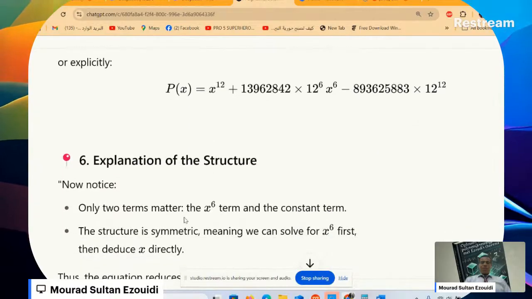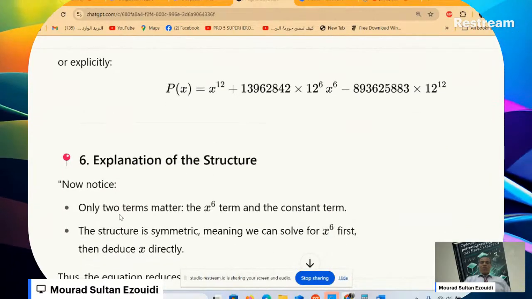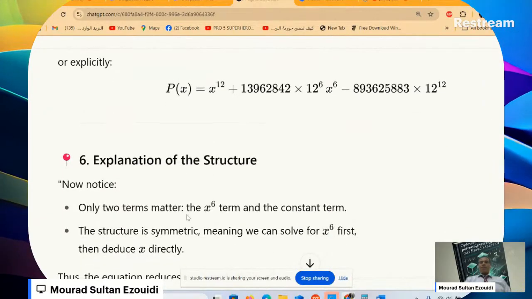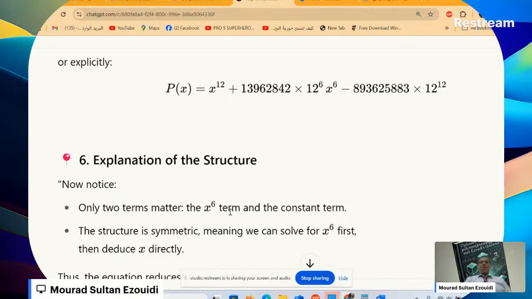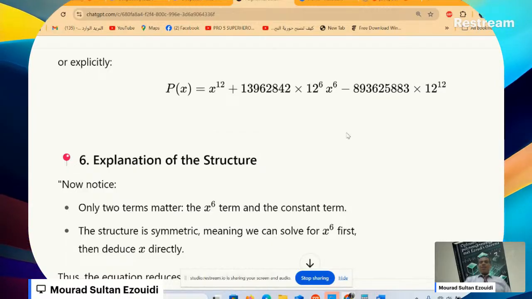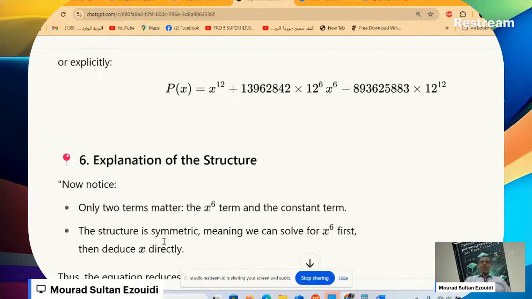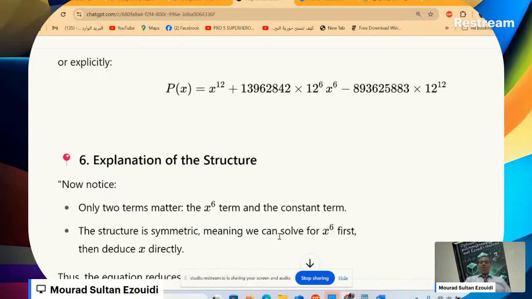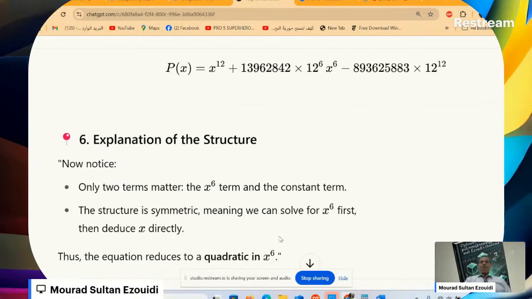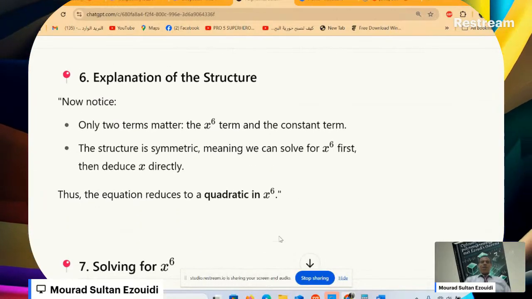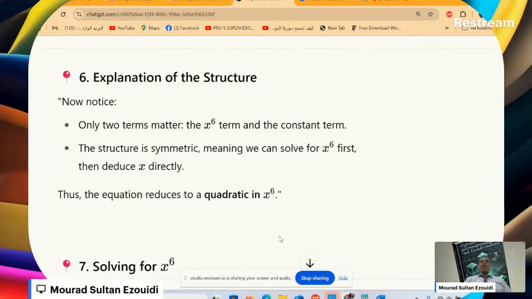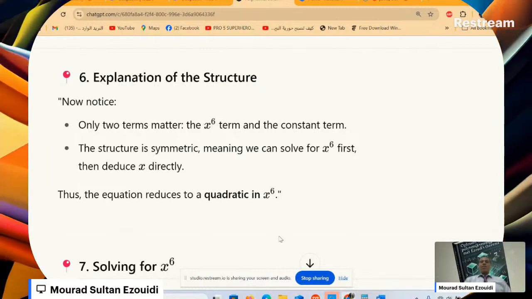Let's explain the structure here. Note, only two terms matter: the x raised to the power 6 term and the constant term, meaning this one and the last one. The structure is symmetric, meaning we can solve for x raised to the power 6 first, then deduce x directly.